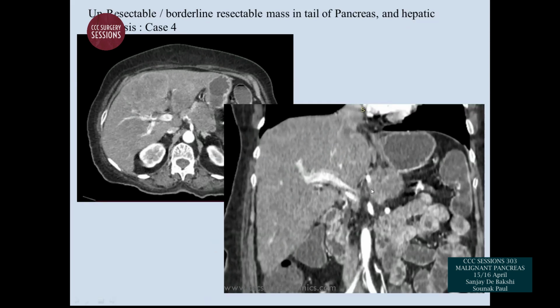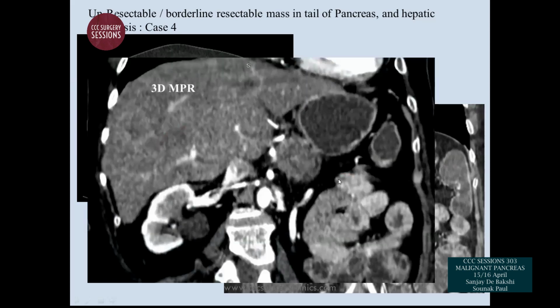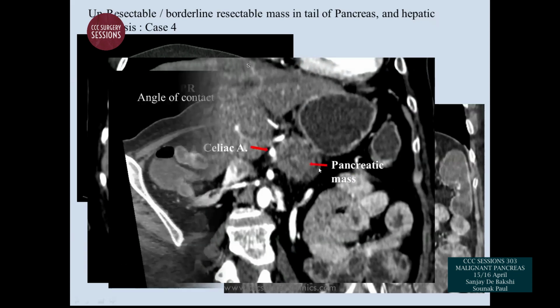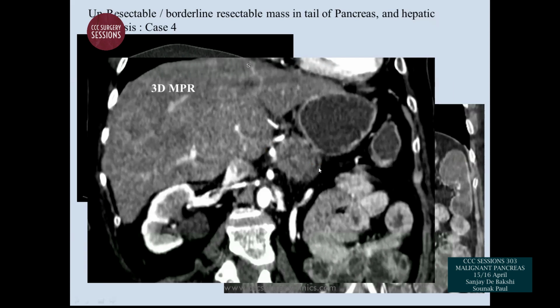On a coronal image, it appears so much so that there is a possible more than 180-degree encasement of the celiac artery. However, a 3D multiplanar reformatted image shows that the body and tail mass abuts the celiac artery with less than 180-degree involvement. So again, this comes to the categorization of borderline resectable on the basis of arterial involvement.